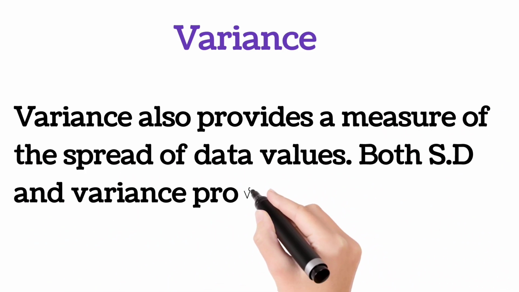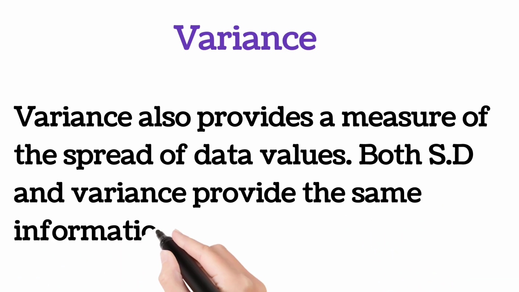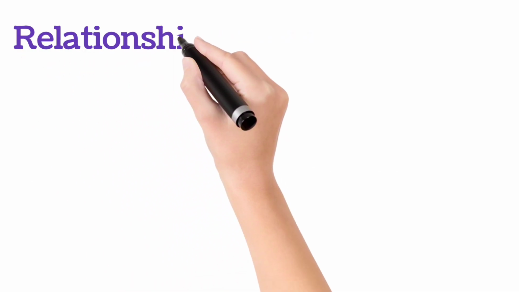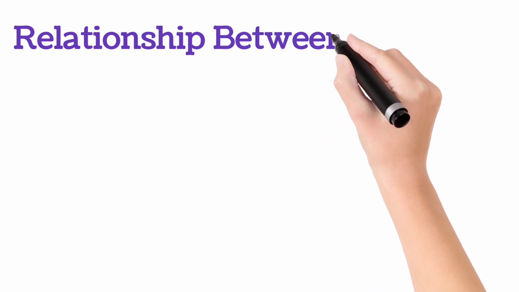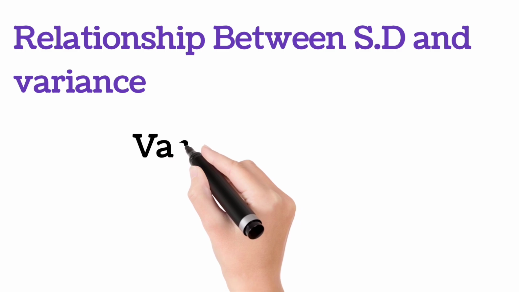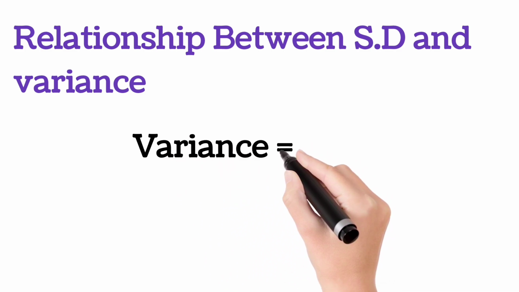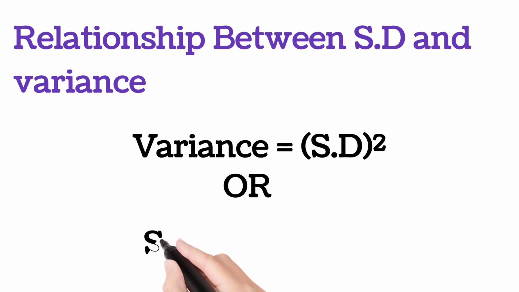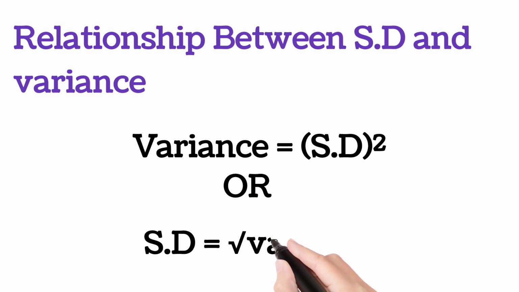Both standard deviation and variance provide the same information, and there is a relationship between them. Variance is always equal to the square of the standard deviation, or we can say that standard deviation is equal to the square root of variance.